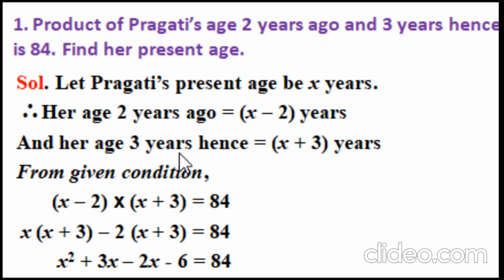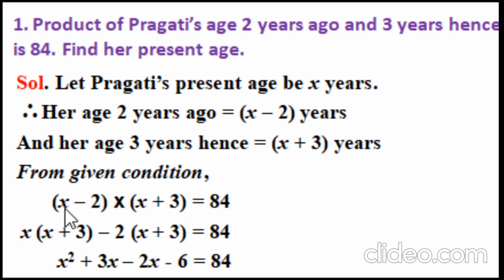Now, from the given condition, what is the condition given? Product of Pragati's age 2 years ago and 3 years hence is 84. So we multiply x minus 2, her age before 2 years, and x plus 3, her age 3 years hence, is equal to 84.